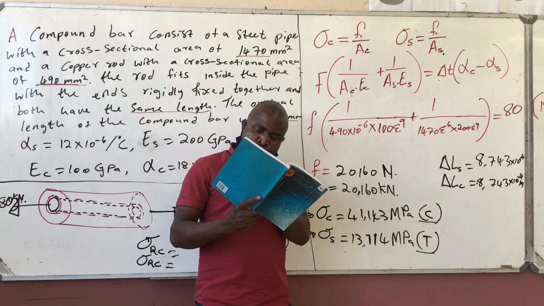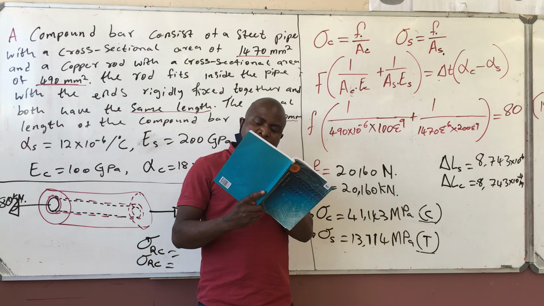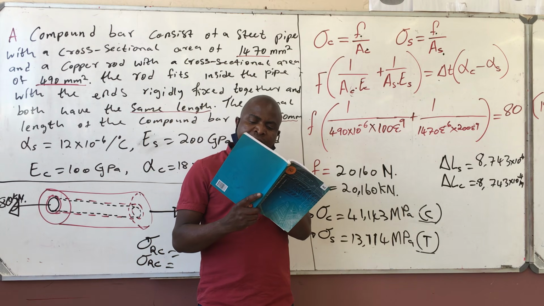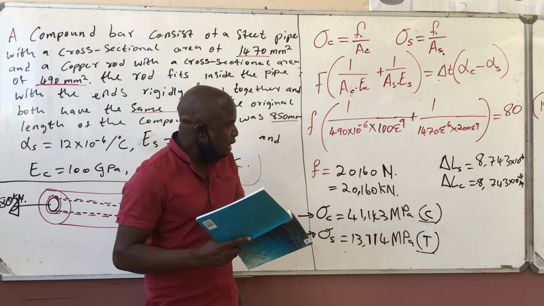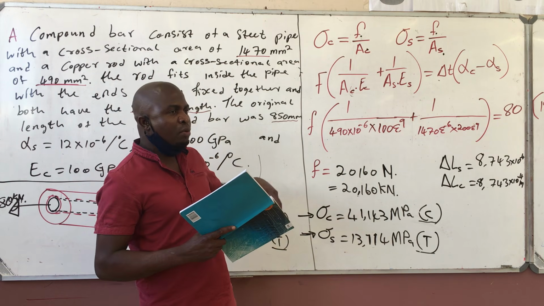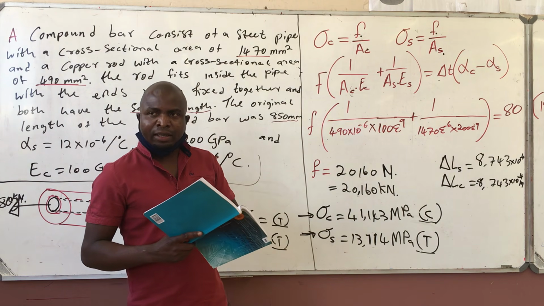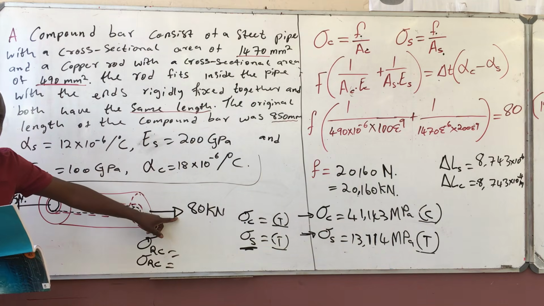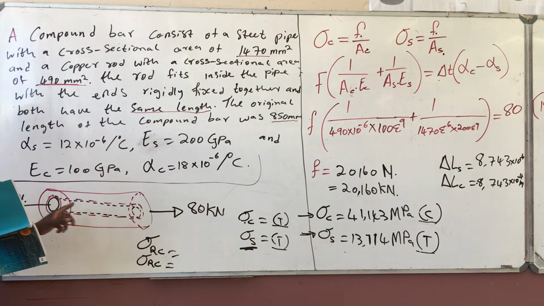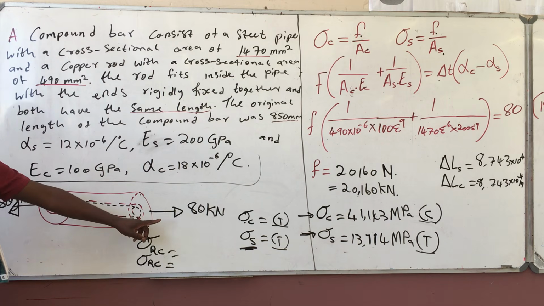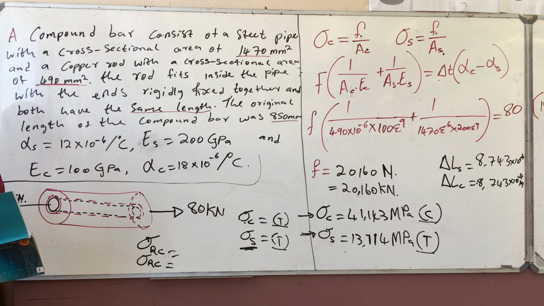Then number 2, they say calculate the stresses due to external load. Meaning now, you are going to calculate the stresses like this one, at where you apply the load, as we were doing yesterday. Then you will get your stresses, both of them.